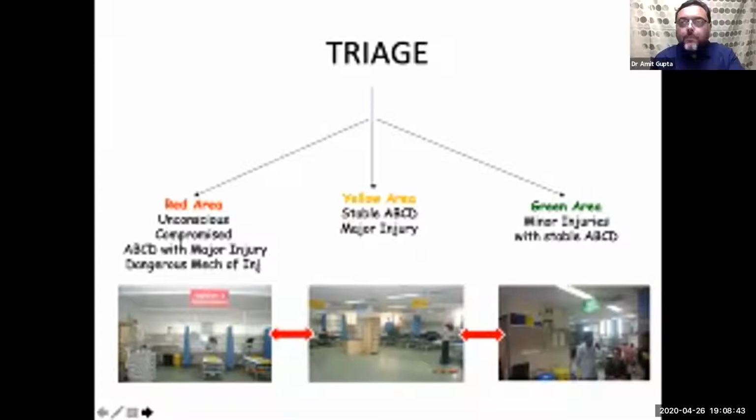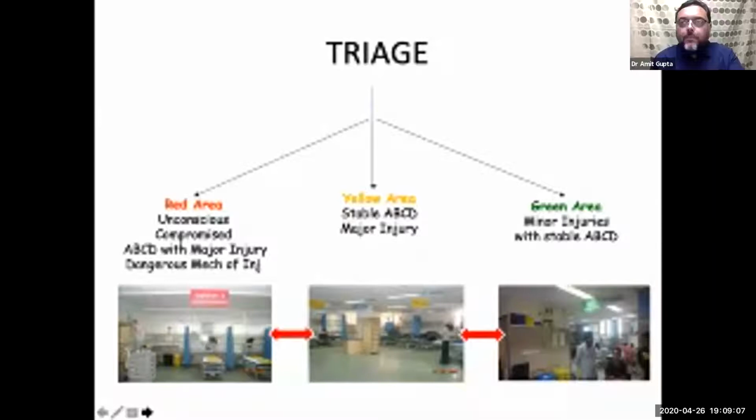Anybody with a stable ABCD, but with a major injury warranting admission, is triaged to the yellow area, and the rest, walking wounded, minor injuries, are triaged to the green area. This particular patient was triaged to the red area because he had a definite dangerous mechanism of injury.